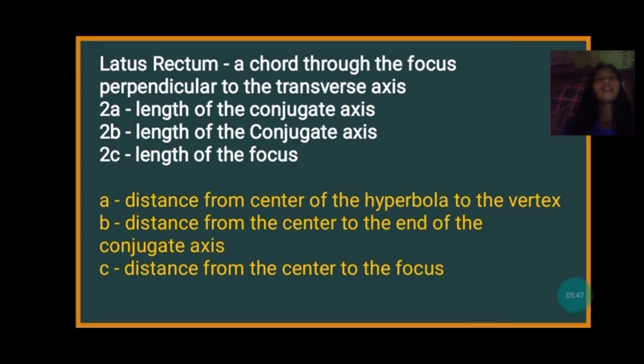Now, we have here the latus rectum. The latus rectum is a chord through the focus perpendicular to the transverse axis. We also have 2a, which is the length of the transverse axis, and 2b, the length of the conjugate axis. Then 2c is the distance between the foci.